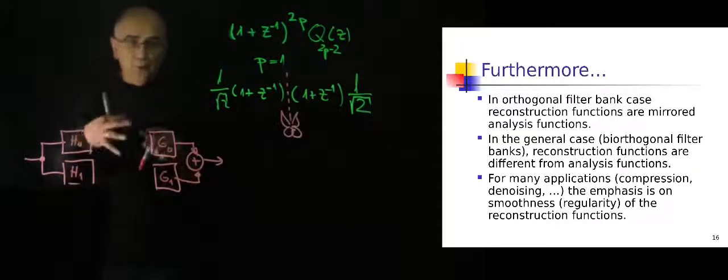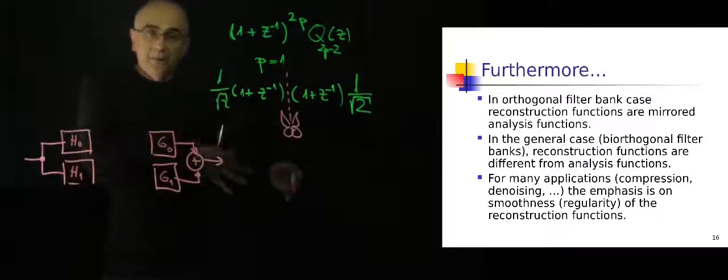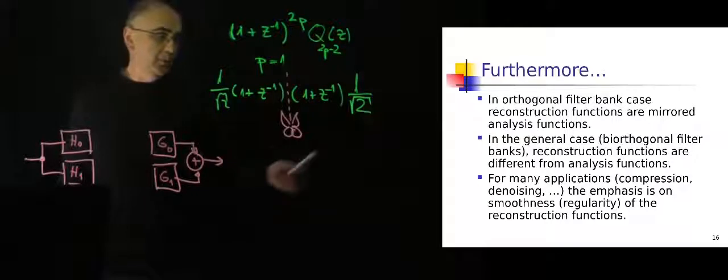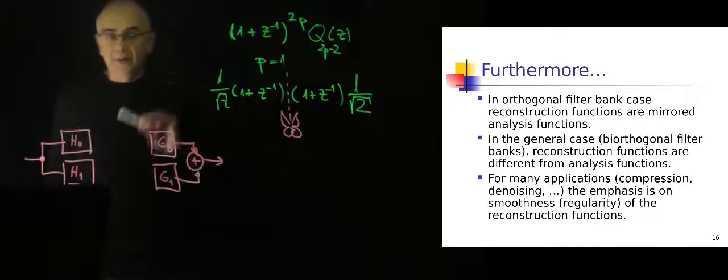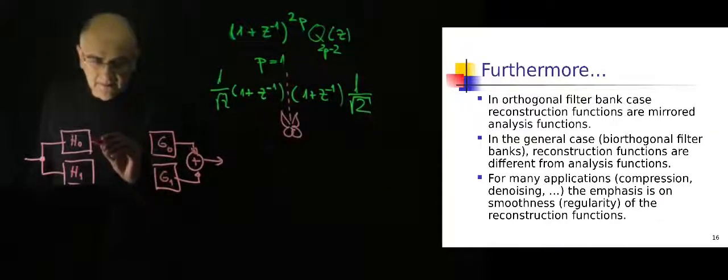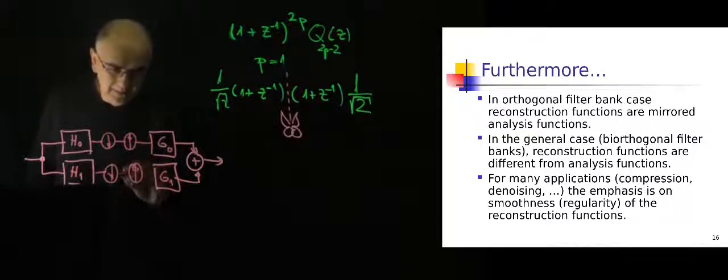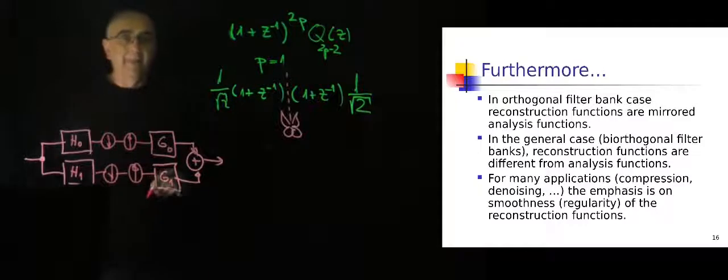So to provide a perfect reconstruction property, we needed that Q polynomial, which is in this case pretty simple. And in spite of decimation and inserting zeros, we still had that perfect reconstruction property.